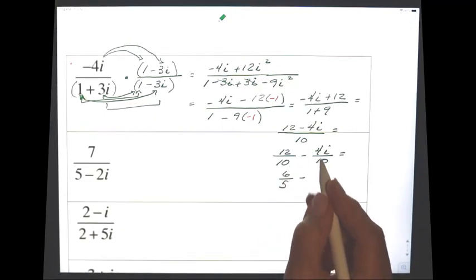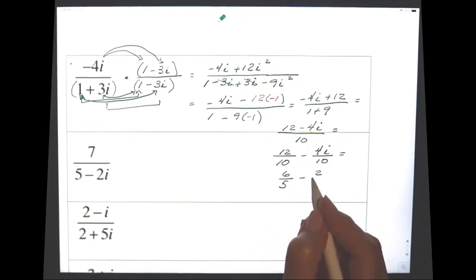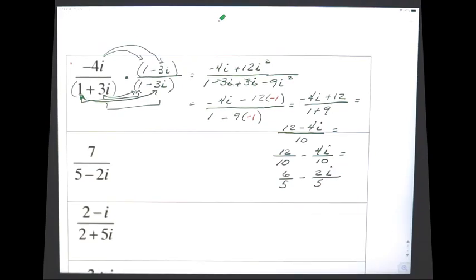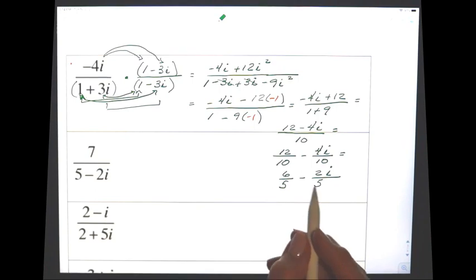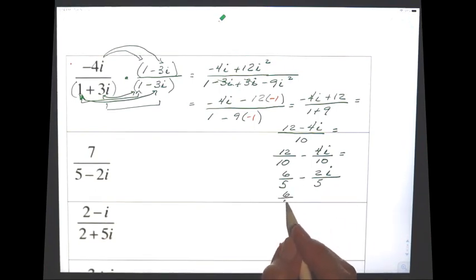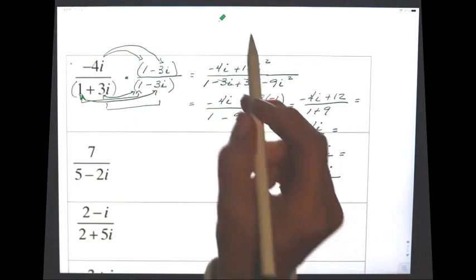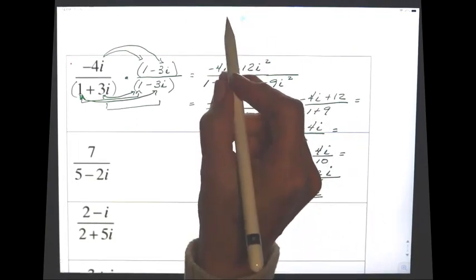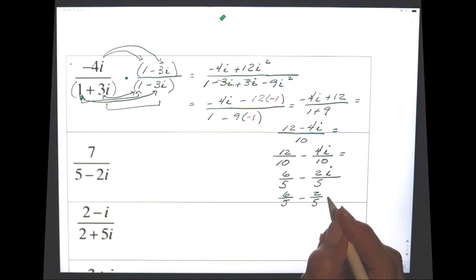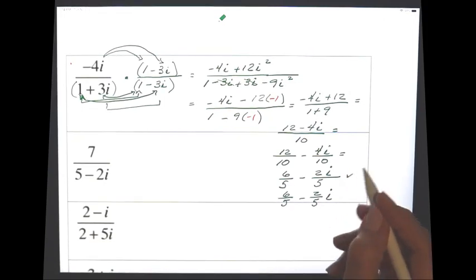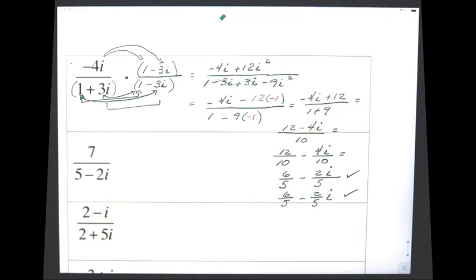And the imaginary, the 4/10 is going to reduce down to 2/5, and don't lose the imaginary component. Again, you may see it written like that, or you may see it written with the 2/5, not 2/3, the 2/5 and the value i written out to the side. So both of these would be considered a correct version of the answer.